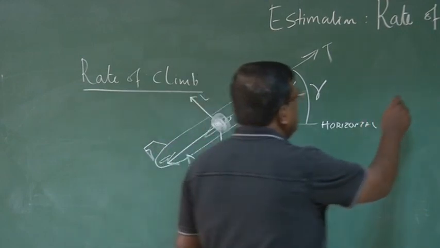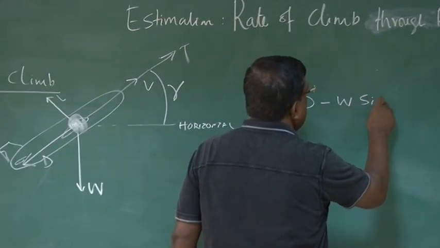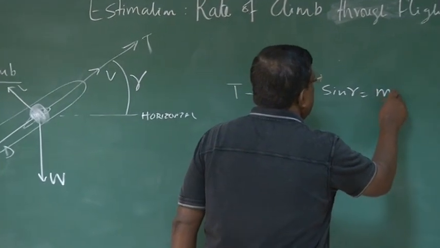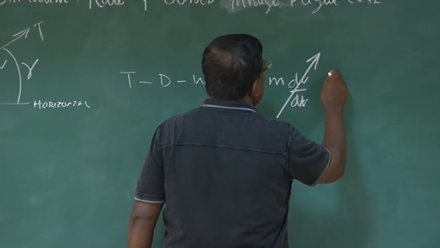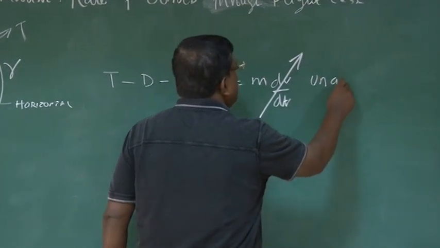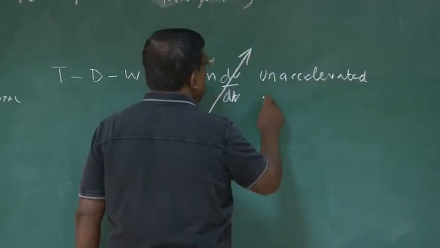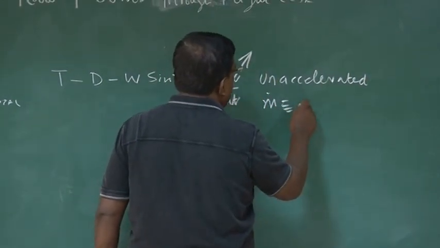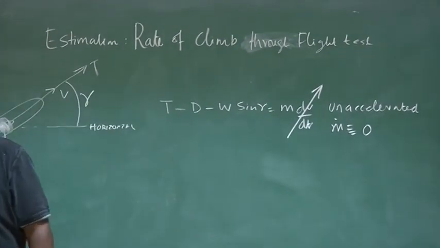I can write the equation T minus D minus W sine gamma equal to m dV by dt, but I'll put this to 0 because unaccelerated, and also I am assuming m dot is negligible, that is the change in the weight because of change in the fuel.